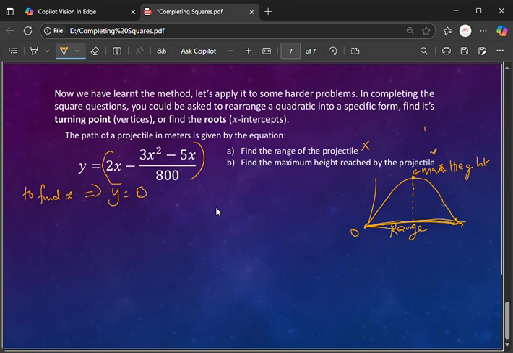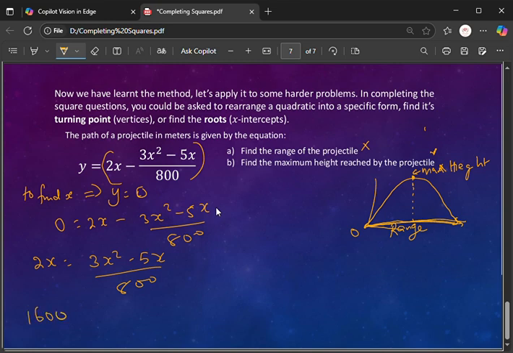So now we have 0 equals 2x minus 3x squared minus 5x over 800. So this is what we have. We can now take this negative part to the other side. So 2x equals 3x squared minus 5x over 800, and simplify all of this, and we shall end up with something like that, and then simplify to get the value of x.